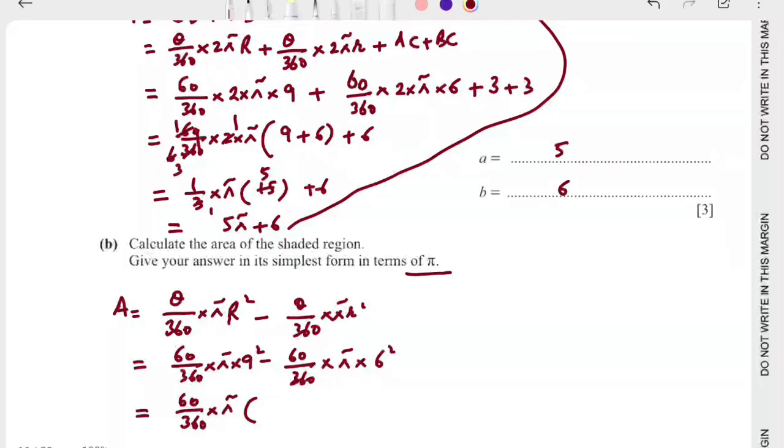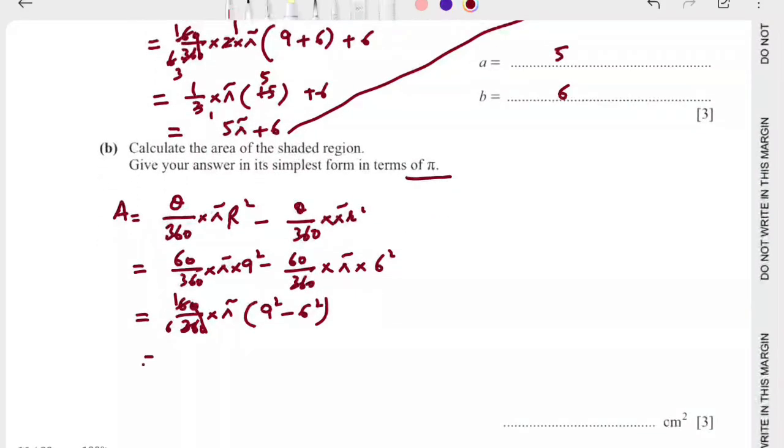So it would be 9 squared minus 6 squared, and 0 will cancel 0, 6 ones are 6, 6 are. So it will be 1 by 6 pi, and 81 minus 36 will be subtracted.